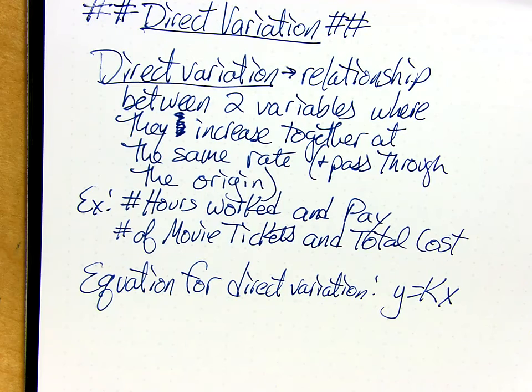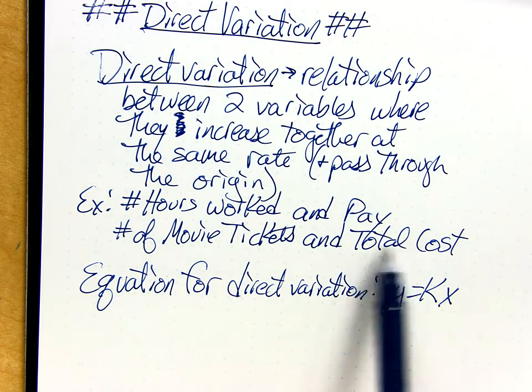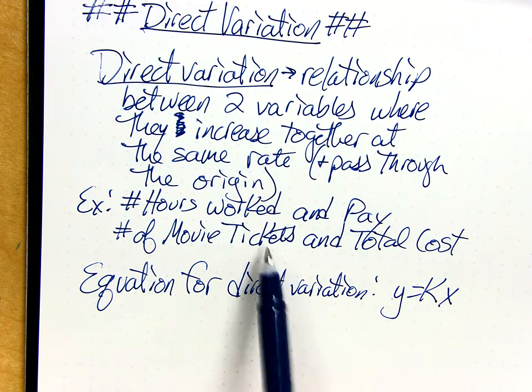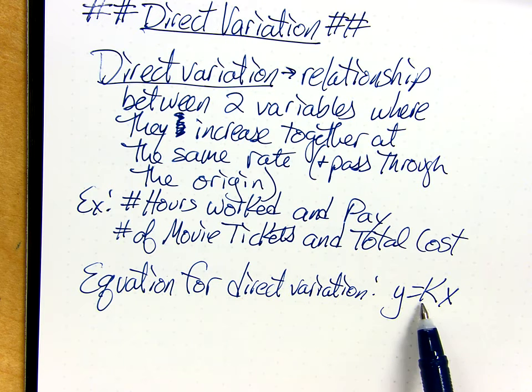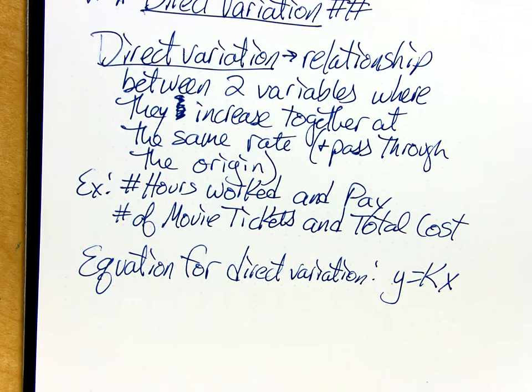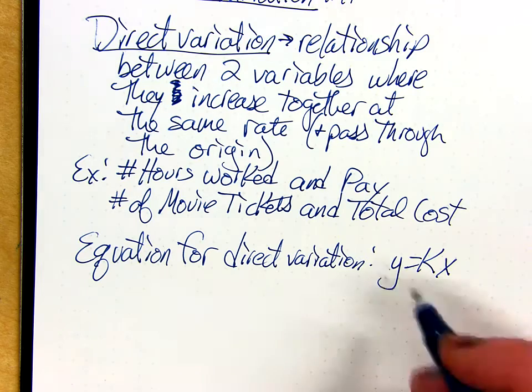So x and y are just the two things that you're comparing. So in my last example, total cost would have been y, number of movie tickets would have been x. So what do you think k is? Have you heard of this before? K is the constant of variation. Have you heard that phrase before? Is that somewhere in your memory? So k we refer to as a constant of variation.